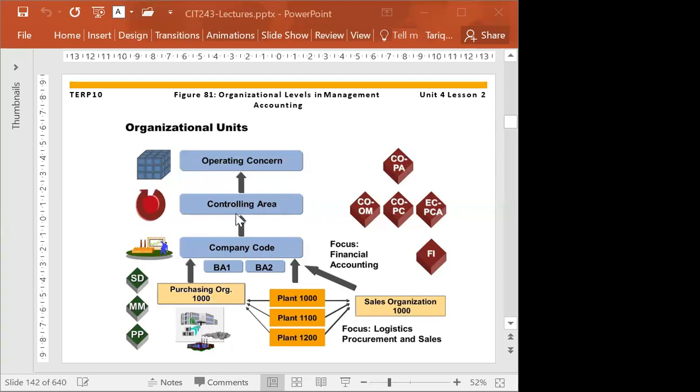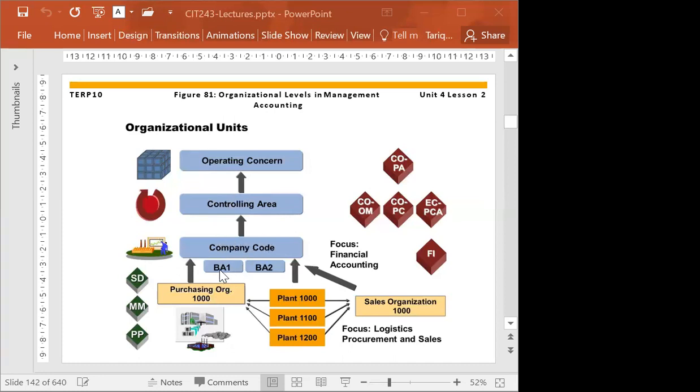Here we can do internal accounting, to make decisions and to see how our company is making profits. Maybe we have 3 divisions: a bicycle division, a motorbike division, and a car division, and we want to see all 3 divisions separately. This is possible at this level, not at the company code level.